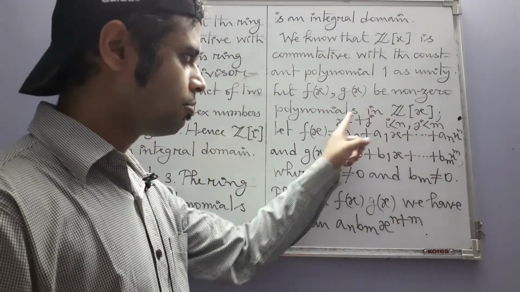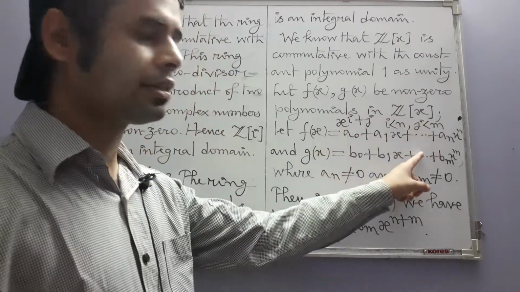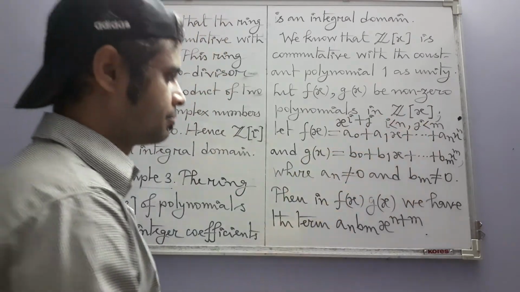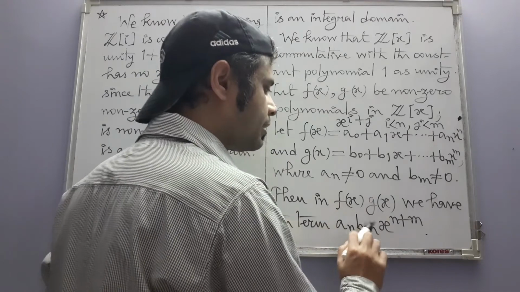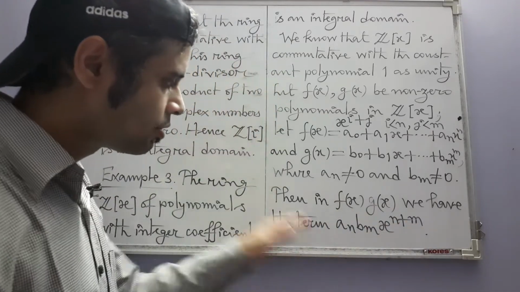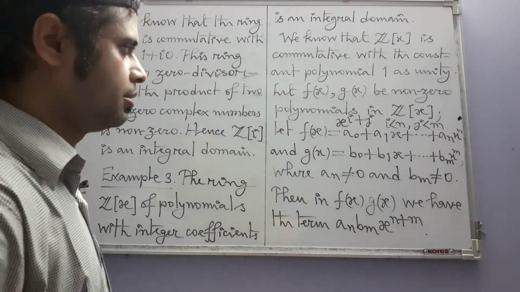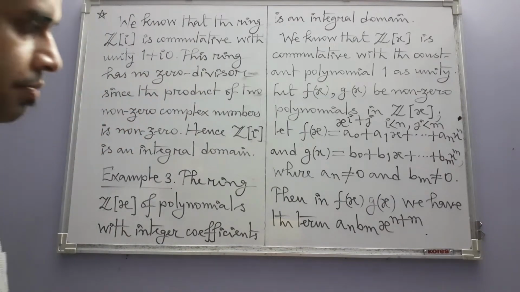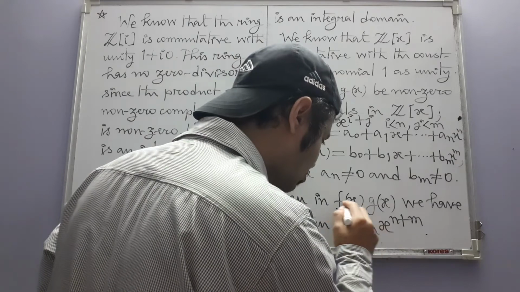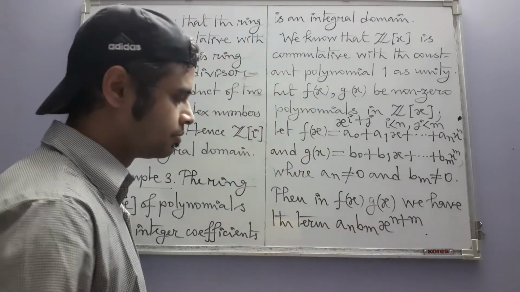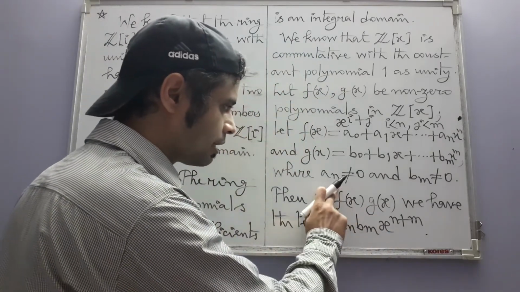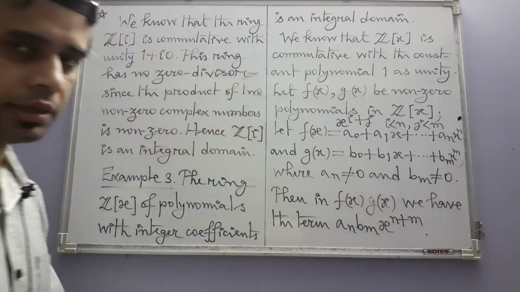So no matter what you get from the other terms by multiplying them, you will never get x to the power n plus m. This is the only term where you have x to the power n plus m. That is why here the coefficient is just this one, which is non-zero because we are multiplying two non-zero integers.